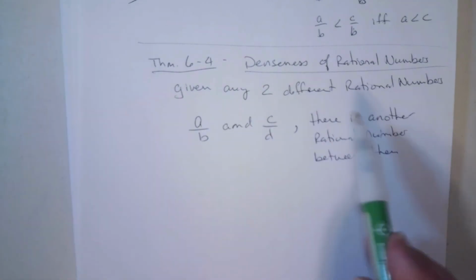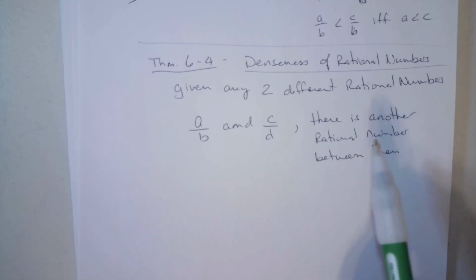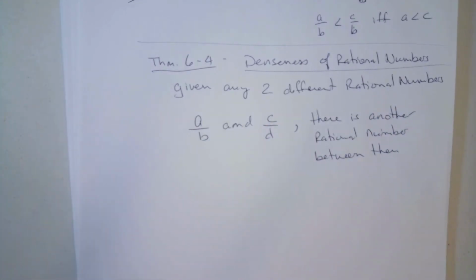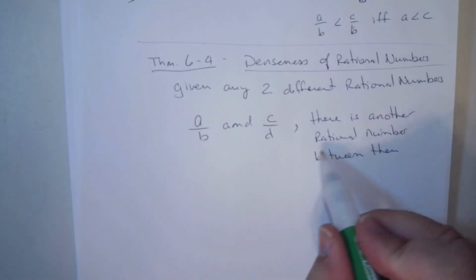So, given any two different rational numbers, then there is another, unless they're equal. If they're not equal, then there's another rational number between there.